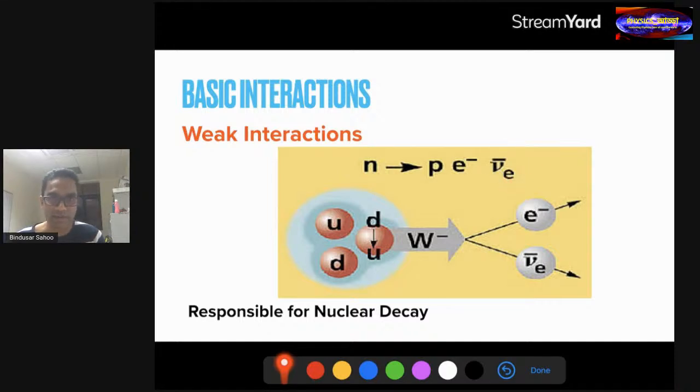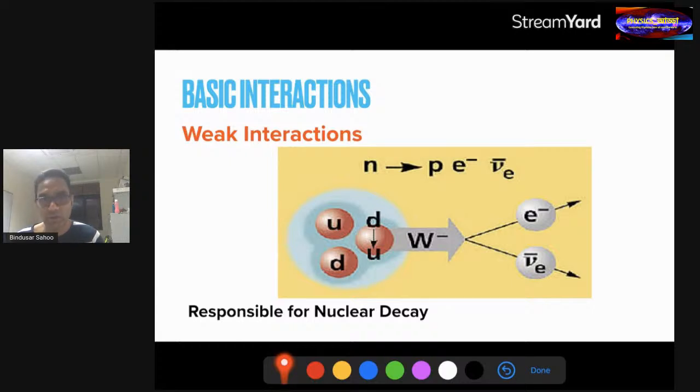It's a neutral particle. So what is happening, as I told you in the previous slide, is that a neutron is made up of U, D, and D quarks, and the proton is made up of U, U, and D quarks.